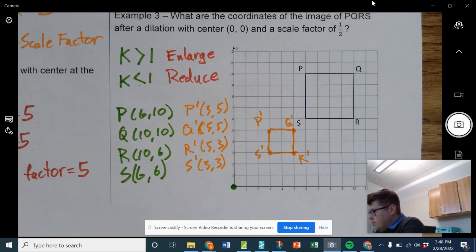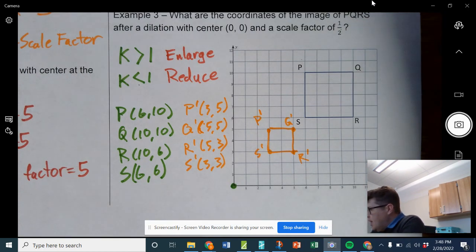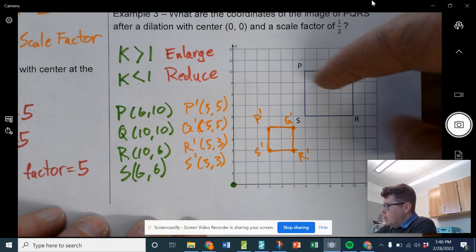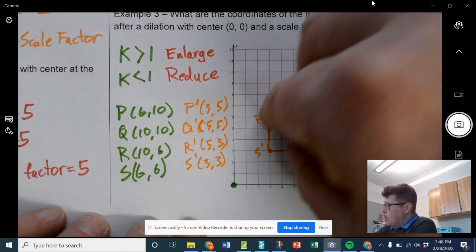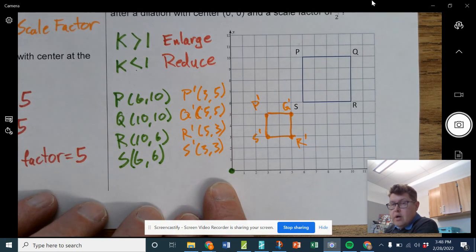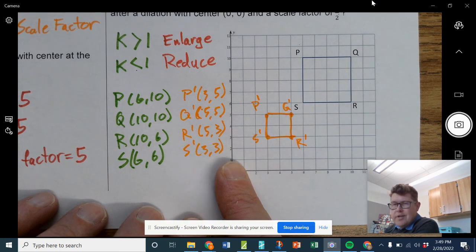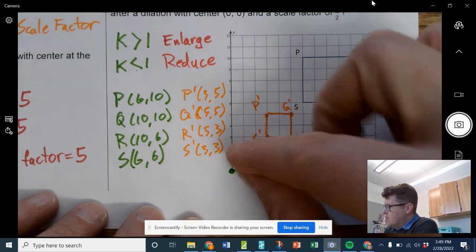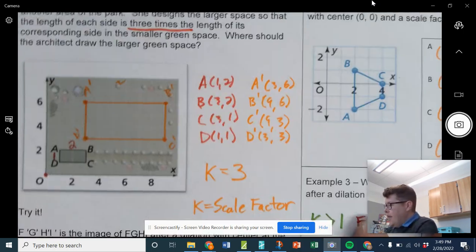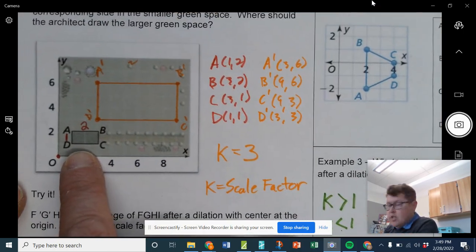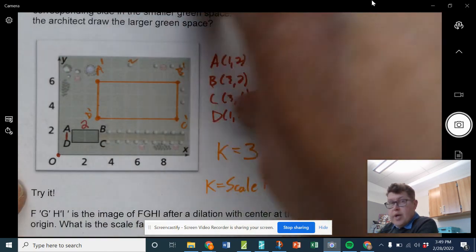One thing I do want you to notice: when you're reducing, your shape moves toward your center, typically the origin. So it's moving towards the center for reduction. But if you have an enlargement, you can see that it's growing away from it.